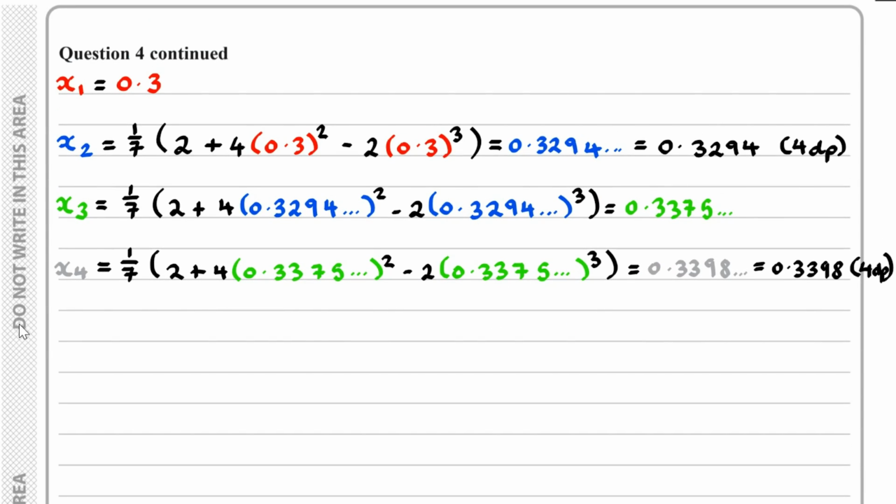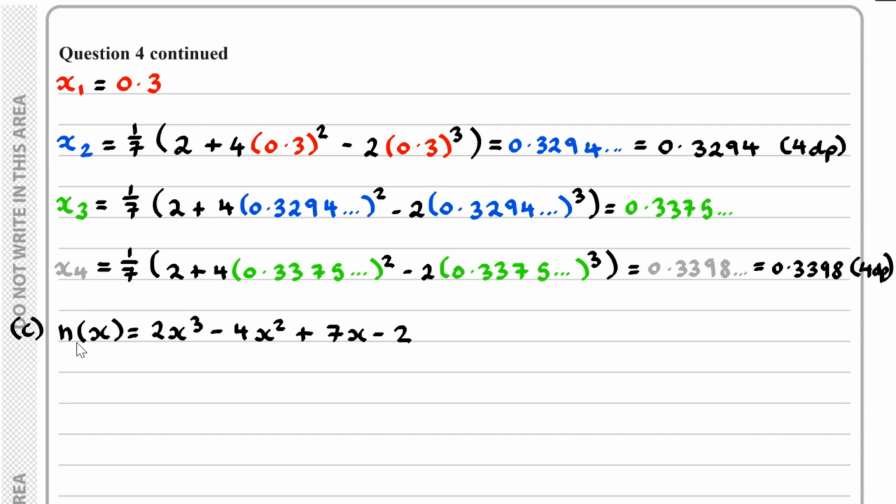For part C, let's define h of x. H of x is equal to 2x cubed minus 4x squared plus 7x minus 2.